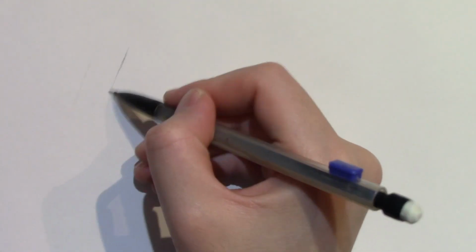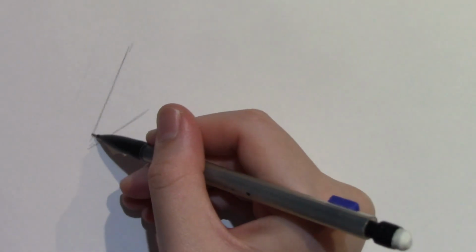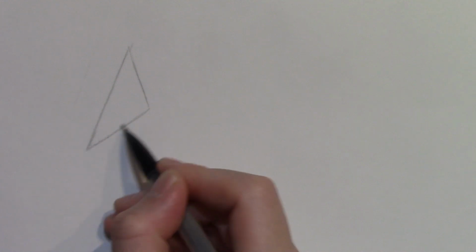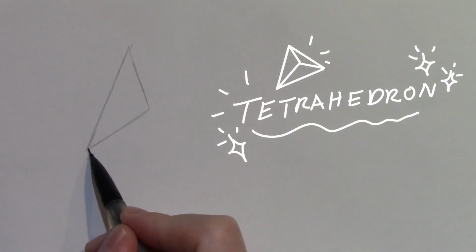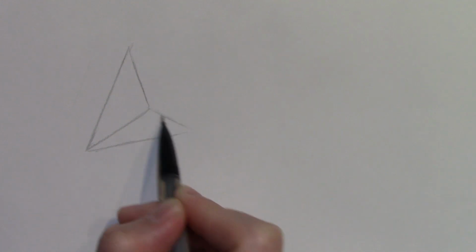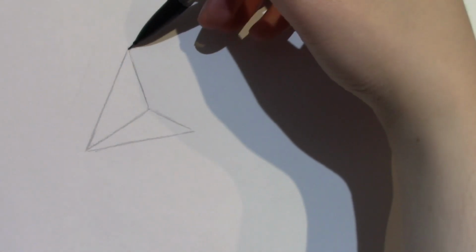What we're going to start with is a shape to fill in with our hatching. I'm going to quickly draw a shape that's like a pyramid but not a square at the bottom. I forgot what it's called. Anyway, some type of 3-dimensional shape, because if it's flat, it won't work out as well.